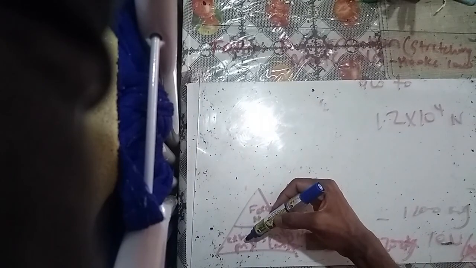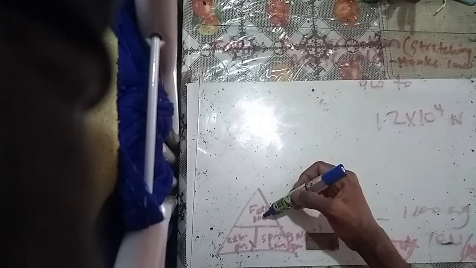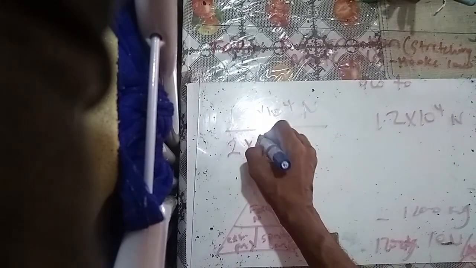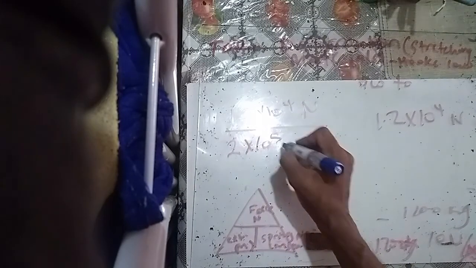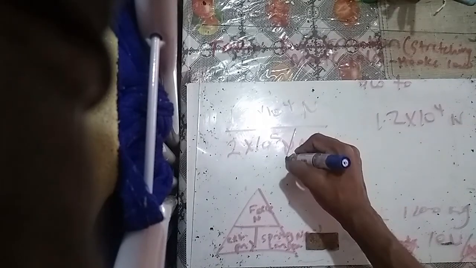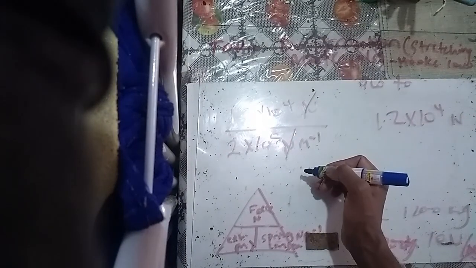So, according to the equation, which you would have written already, extension is equal to the force, so that's 1.2 times 10 to the 4th Newton divided by the spring constant, which is 2 times 10 to the 5th Newton meter to the negative 1. So Newton would have cancelled Newton, leaving me with meter. Okay, are you seeing it good?